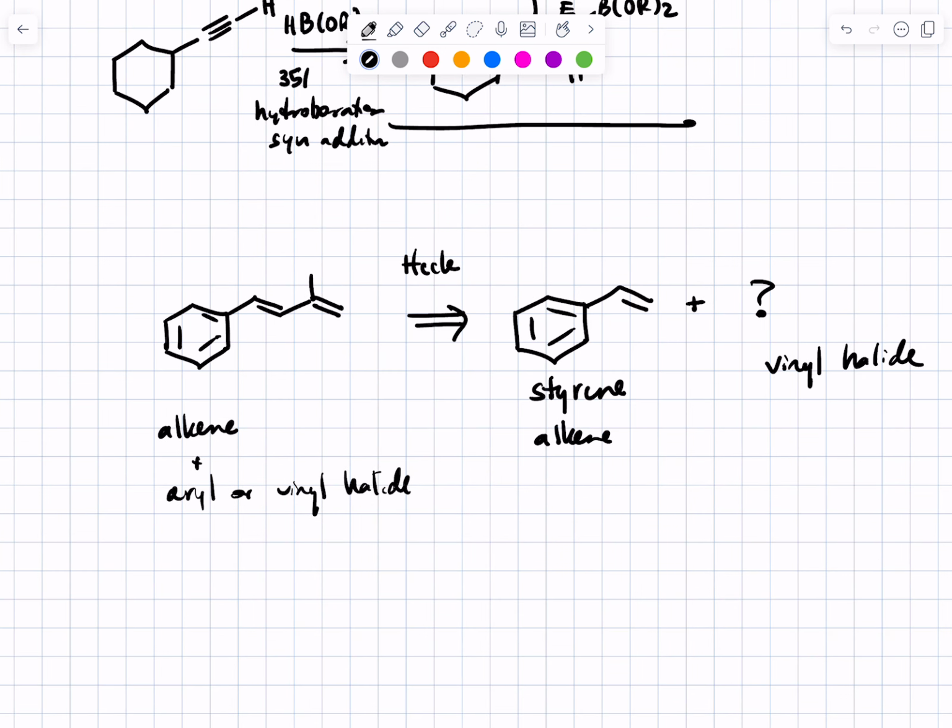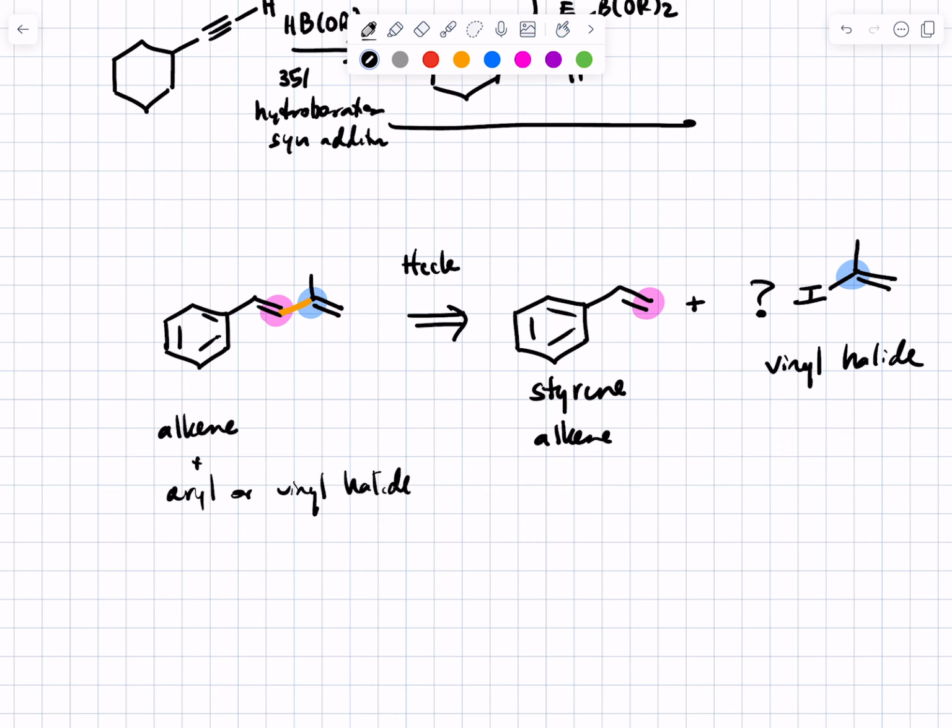Then go back and remember what the Heck reaction does in making a bond to the terminal carbon of the alkene, and then you've now just identified the bond that was made in the Heck reaction. This must be the carbon that had the halide on it. So at that point, answering the question is as easy as drawing that section with the blue carbon and then putting a halide here. Br would be okay, iodide would be okay.